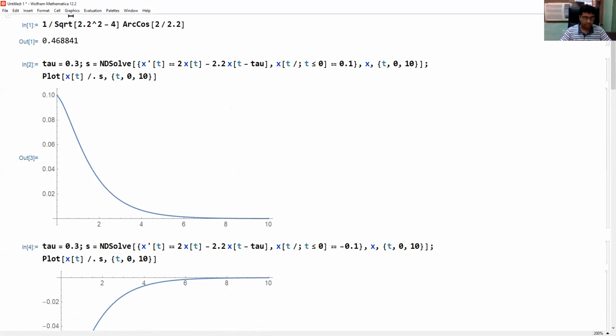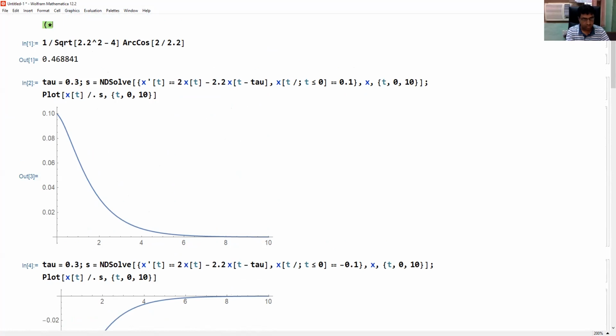This was example 3. Now let us see example 4.